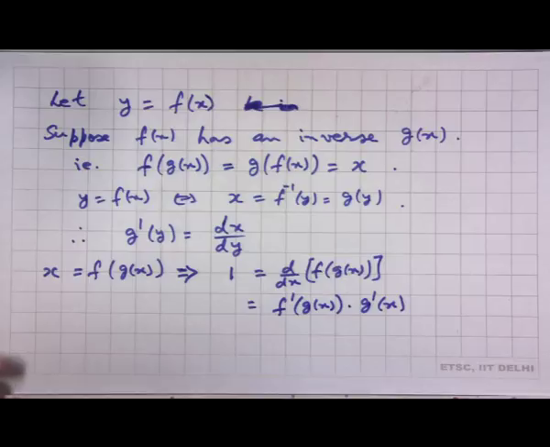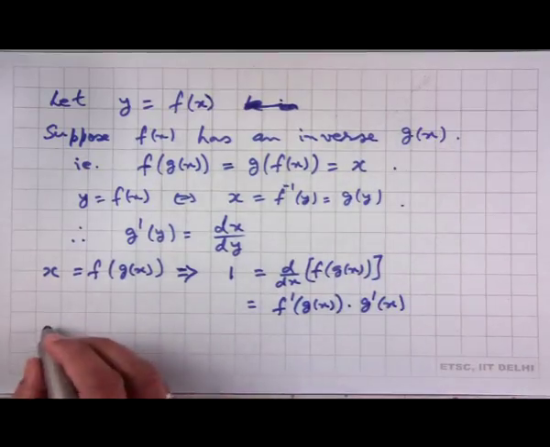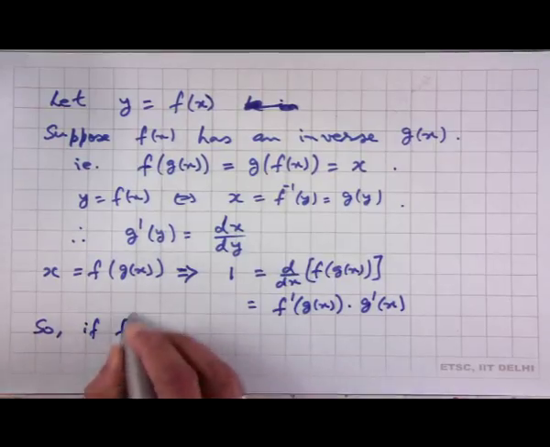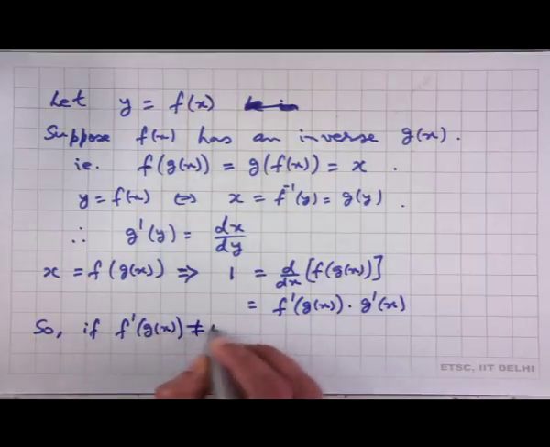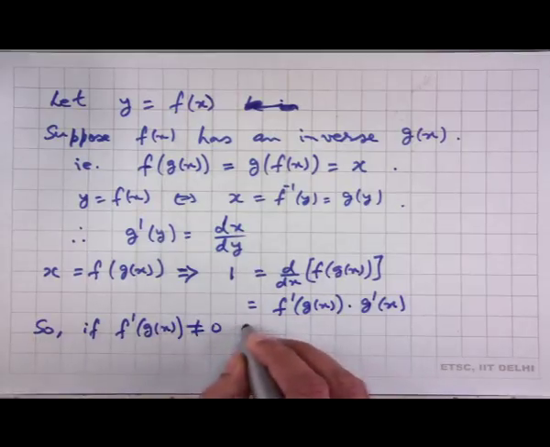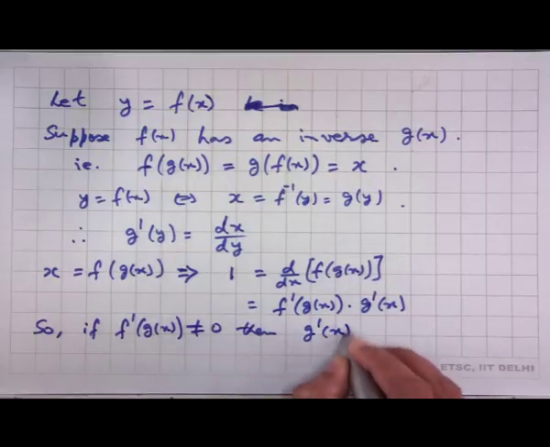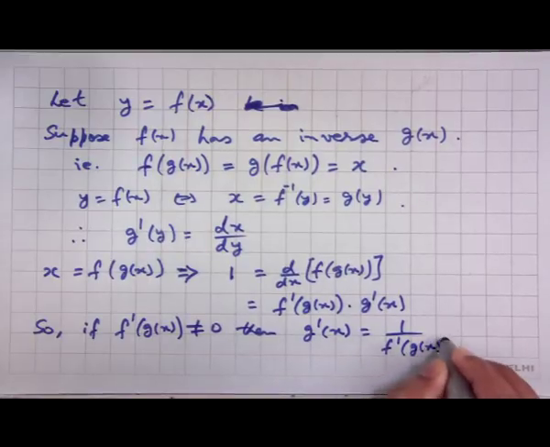What we would want is to find the derivative g prime of x. So, if f prime of g of x is not equal to 0, then g prime of x is 1 by f prime of g of x.